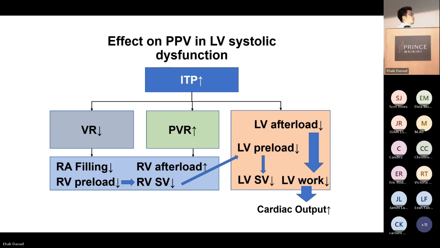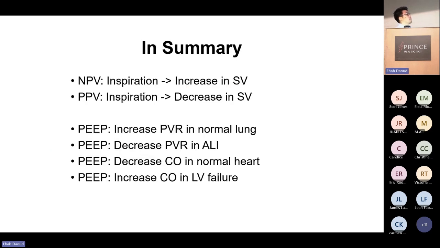In summary, with negative pressure ventilation, inspiration increases venous return. On the other hand, with positive pressure ventilation, inspiration decreases it. Again, in regards to PEEP, PEEP increases pulmonary vascular resistance in the normal lung.